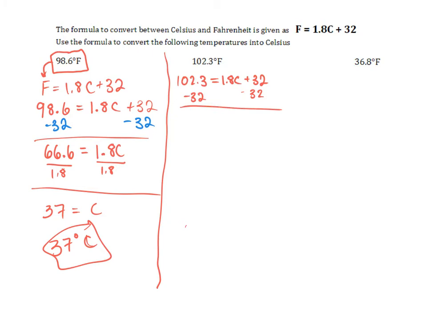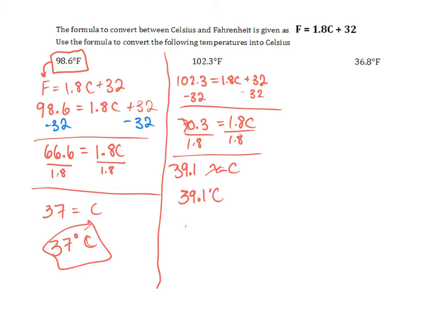And if I put that in the calculator, I get 70.3 equal to 1.8C, and I can divide both sides by 1.8, and I get my temperature to be approximately 39.1 degrees Celsius.